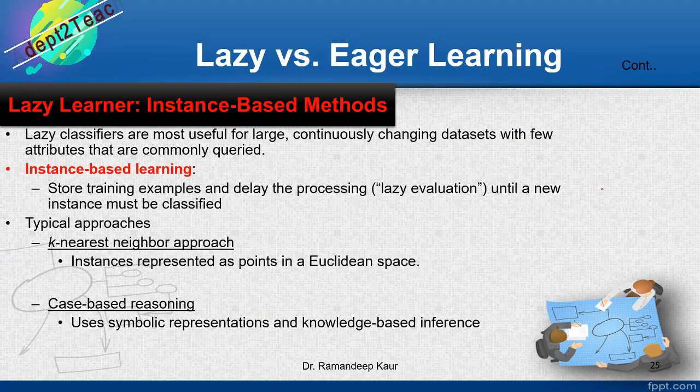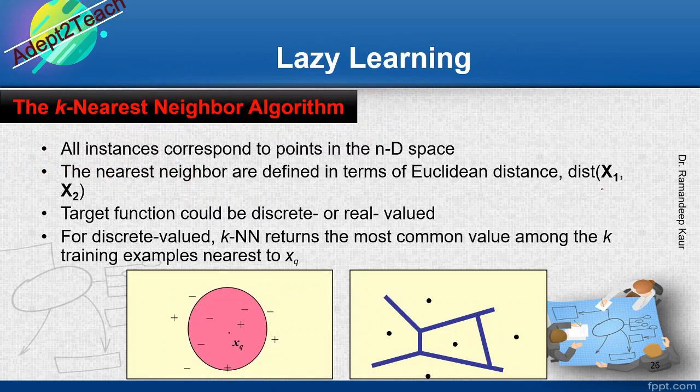Now, in the lazy learning method, we have two approaches. First is the k-nearest neighbor approach, and second is case-based reasoning. So let's go about the first technique, the k-nearest neighbor approach. It says all the items correspond to points in n-dimensional space.